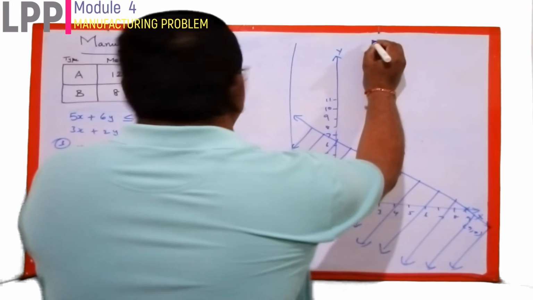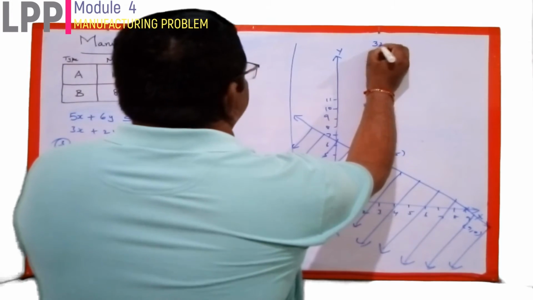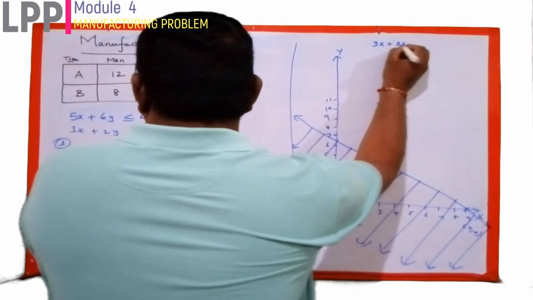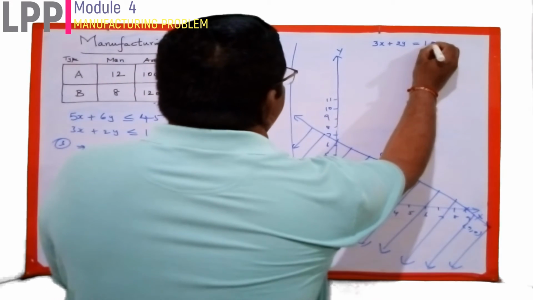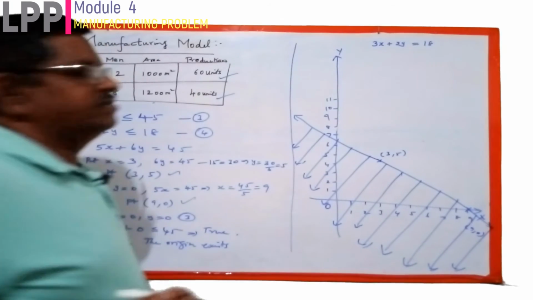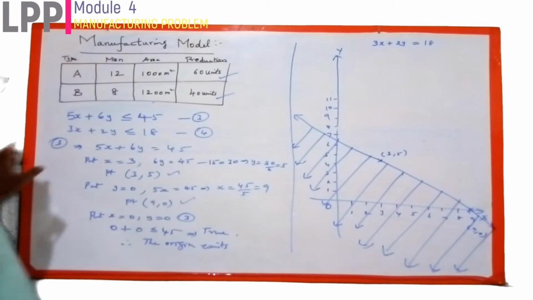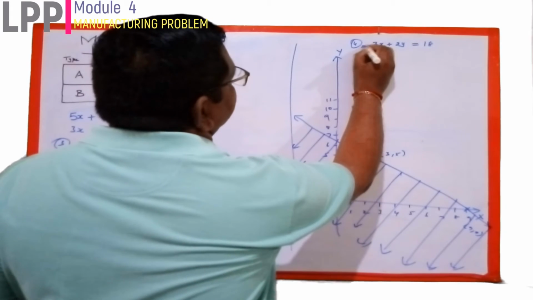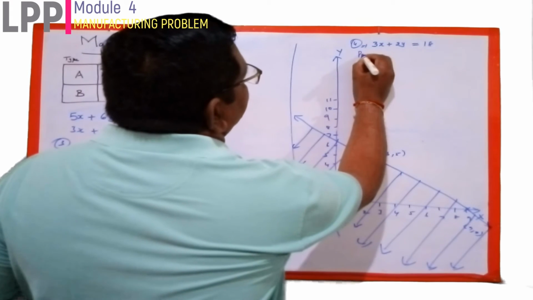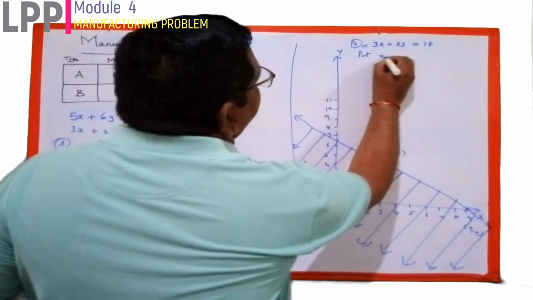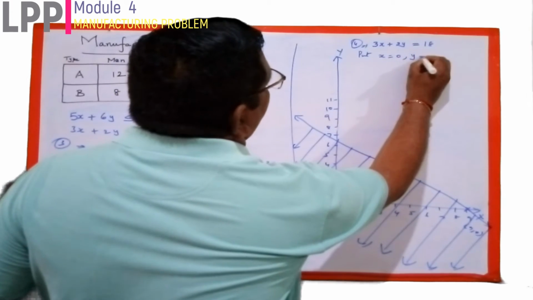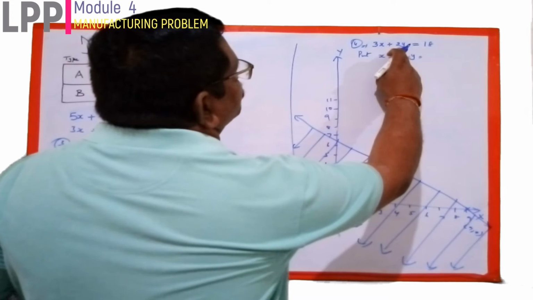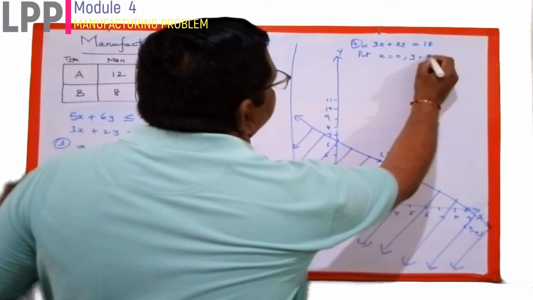Next, we have to solve the second inequation also. Let me solve it here, that is 3x plus 2y, I take this as 18. This is the fourth inequation; I am changing it into an equation. Now, put x equal to 0. Automatically 2y is equal to 18, so y is equal to 9.